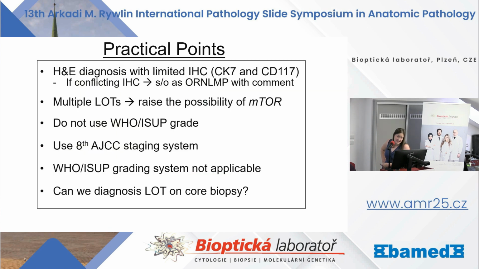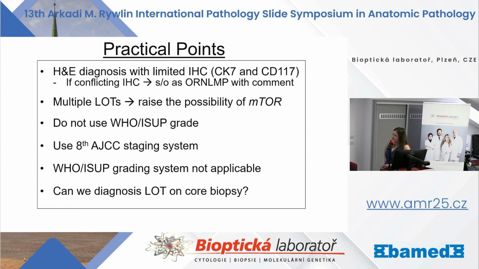Practical points. LOT is a hematoxylin and eosin diagnosis with a limited panel of immunohistochemistry. If you have multiple lesions, probably you should think about some hereditary condition. Because no aggressive behavior was reported in this tumor, do not use ISUP or WHO grading.